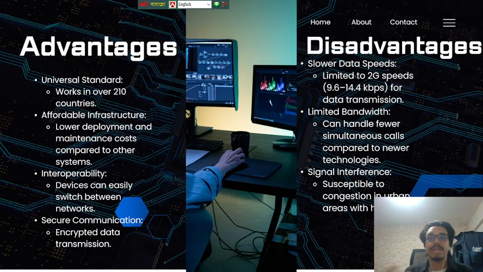The disadvantages of GSM are slower data speed, basically 2G speed; limited bandwidth, which can handle fewer simultaneous calls and suffers signal interference; and susceptibility to congestion in urban areas with high traffic.